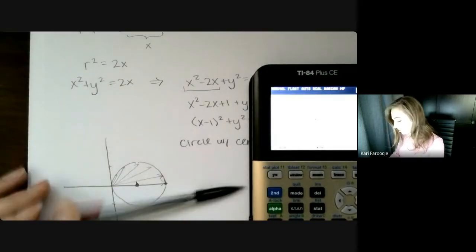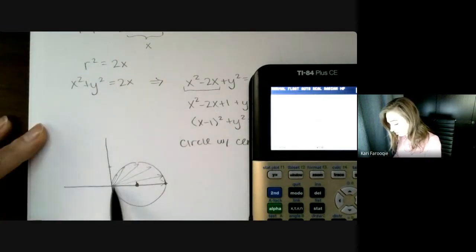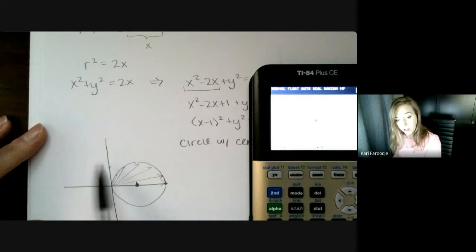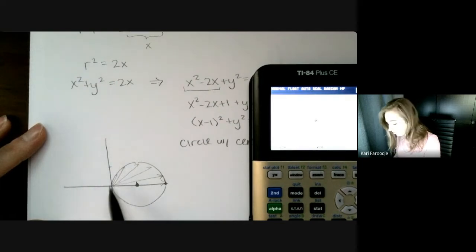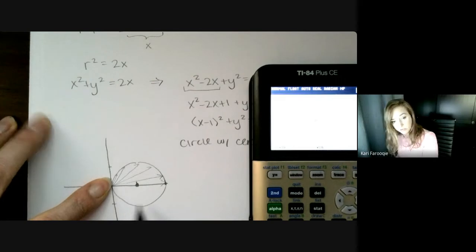We could take this all the way from 0 to 2 pi, because as we work our way over here, even though we don't have anything graphed in quadrant 2, as long as we're looking at angles that are over here in quadrant 2, we'll get negative radius values that will still generate parts of our circle over here.